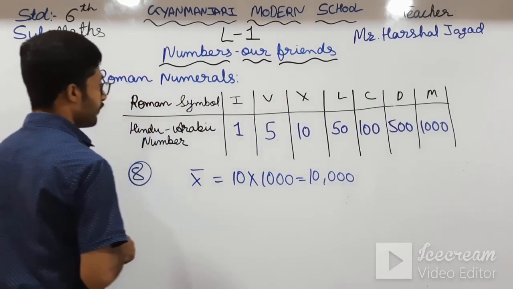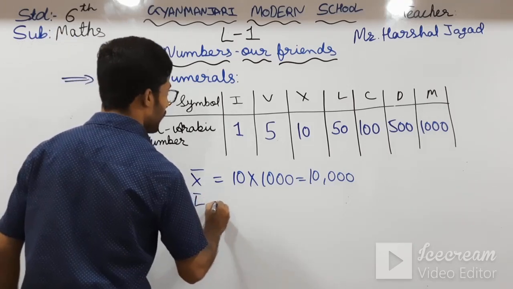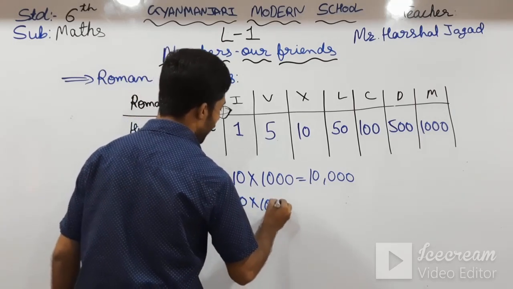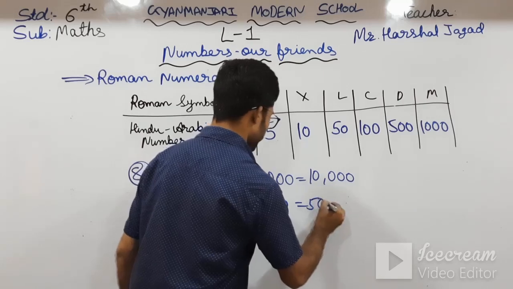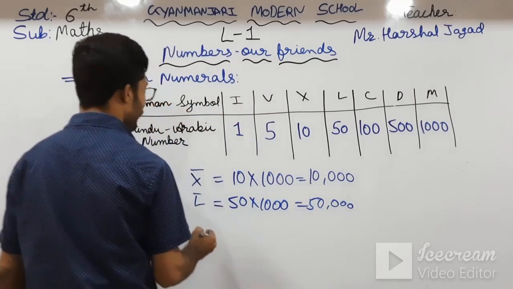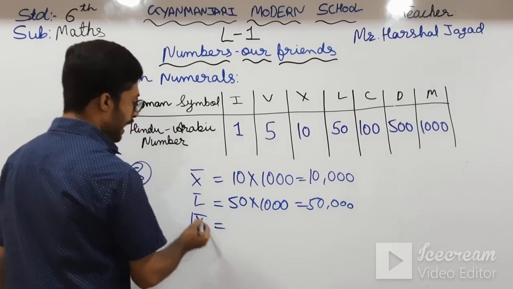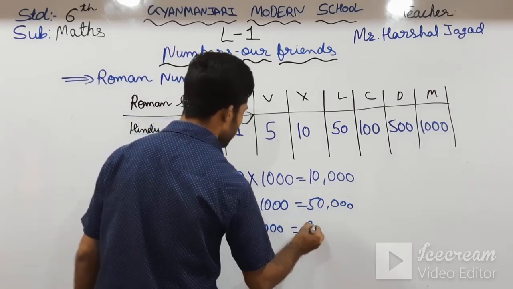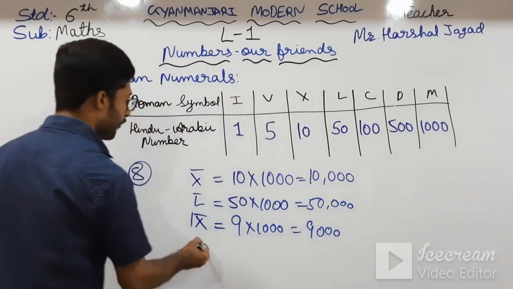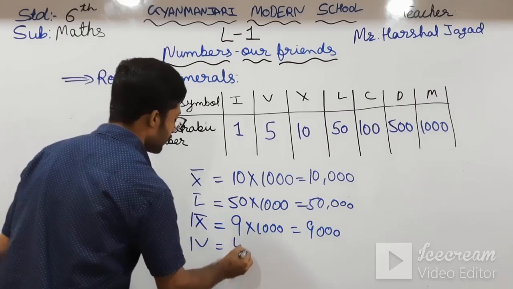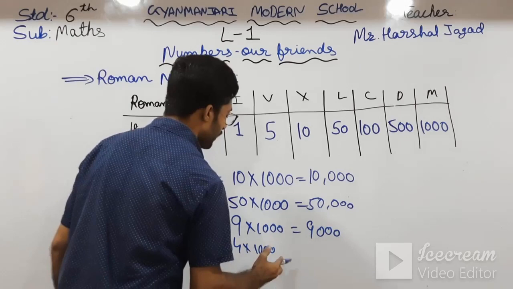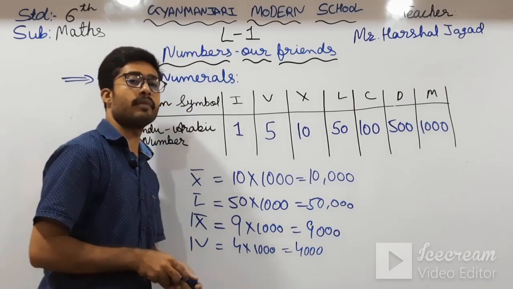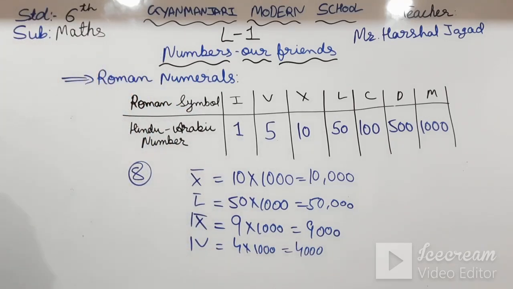And if I put a bar on L, then it is 50 into 1000, that is 50,000. If I put a bar on IX, that is 9 into 1000, that is 9,000. If I put a bar on V and here I, then it is 4 into 1000, that is 4,000. Okay students, this is rule number 8, and here all the rules are finished.